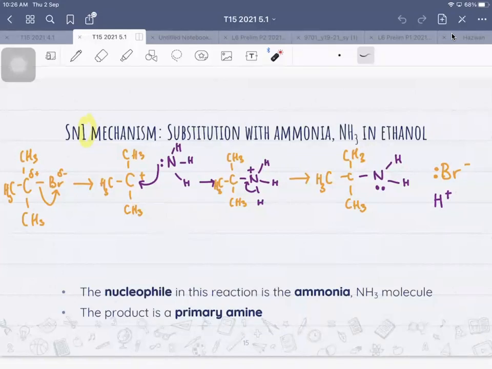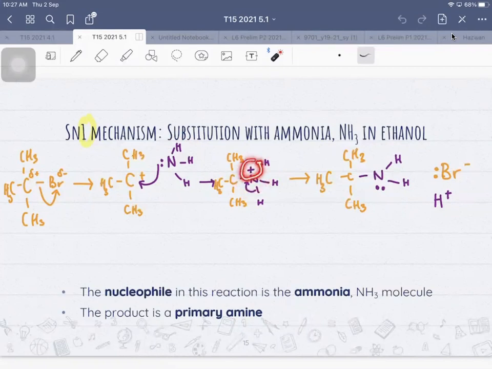When the lone pair on the neutral ammonia molecule is donated to the halogenoalkane, the nitrogen will now form 4 bonds. And because it has given away its lone pair, the nitrogen will develop a positive charge.